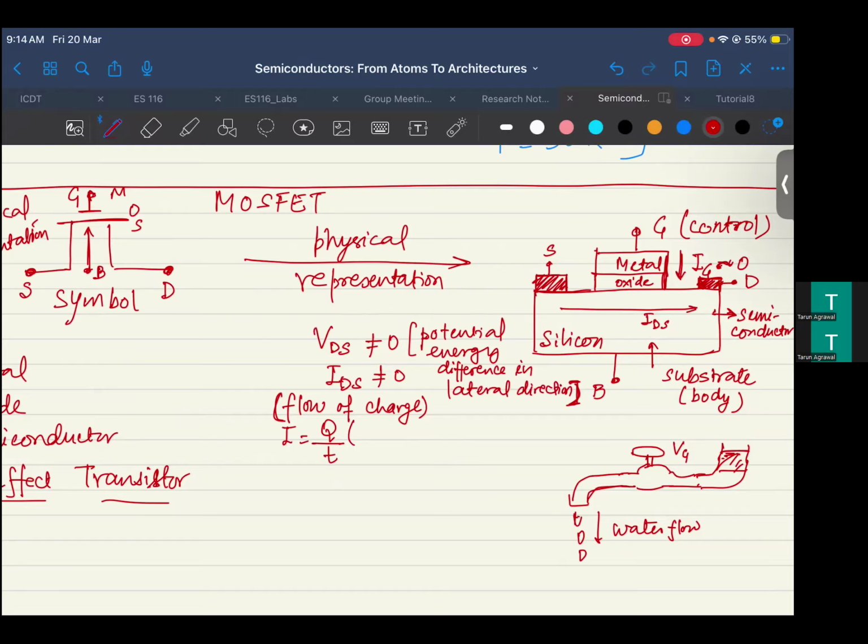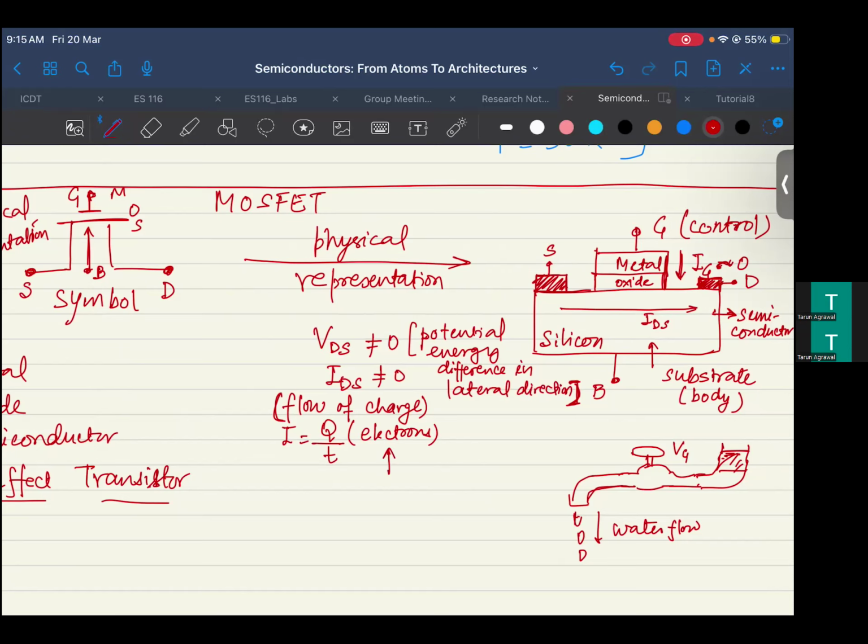Now, what is charge? Which charge am I talking about? These are your electrons which are flowing from left to right. That means electrons should have been pushed from one of the terminals, and then they are taking their journey from this terminal to that terminal.